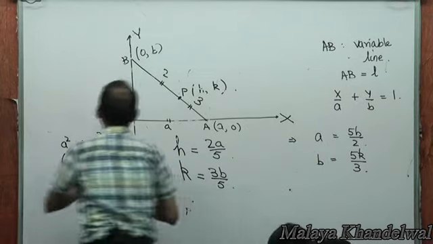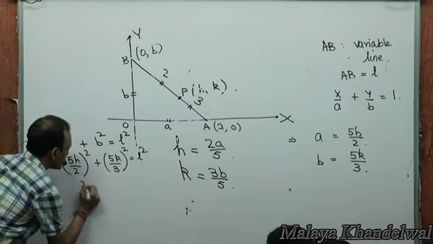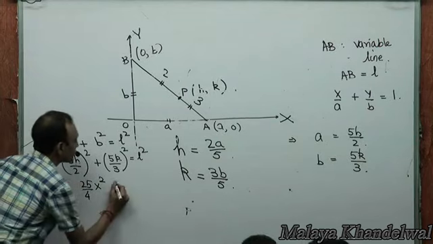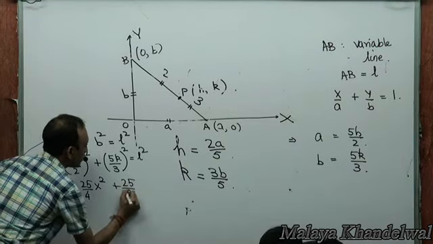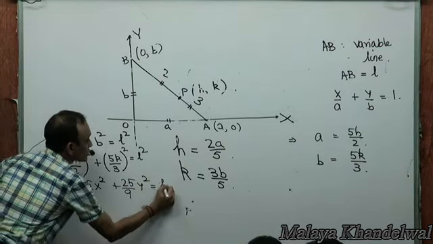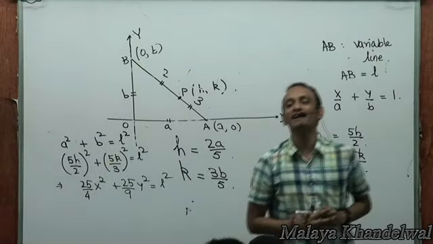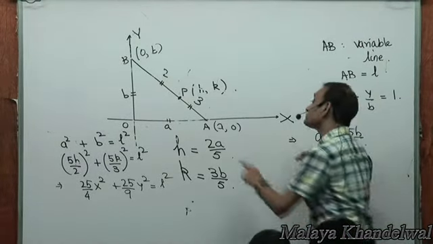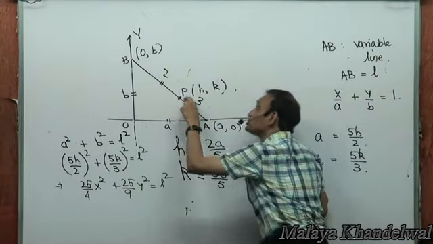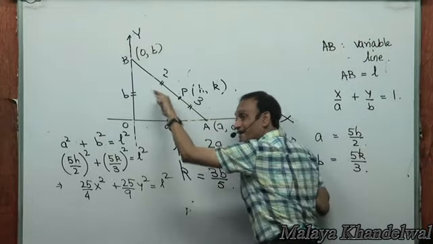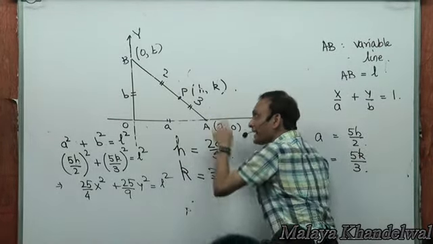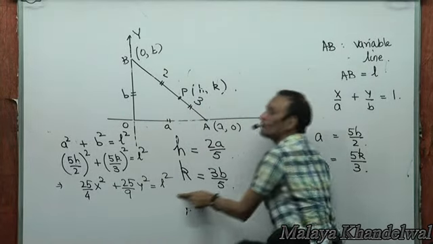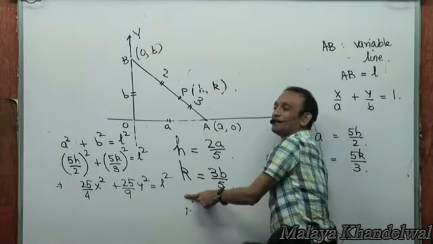So replacing h by x and k by y, I have 25 by 4 x squared plus 25 by 9 y squared equal to L squared, obtained out of generalizing, replacing h by x and k by y. That means for all points on the trajectory pursued by P, if at any given instant of time P has coordinates x comma y, then it will always subscribe to this algebraic relationship.